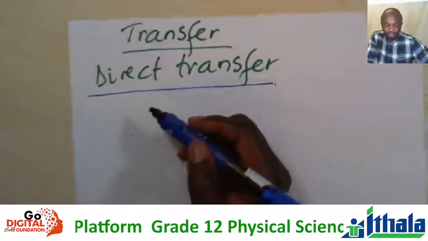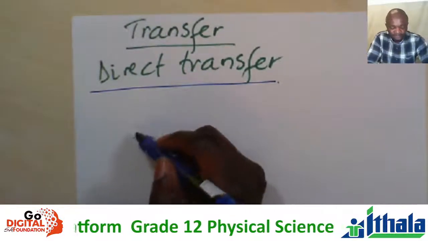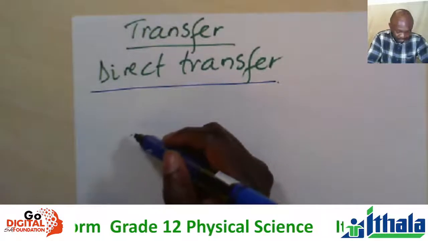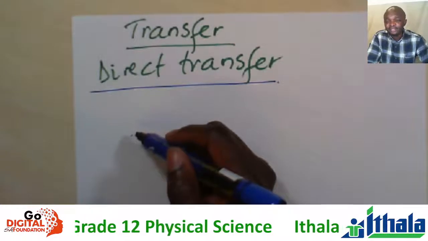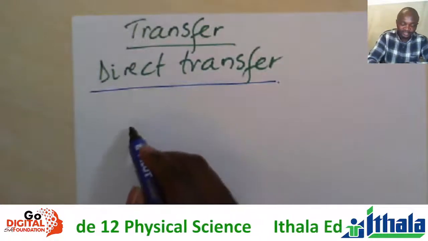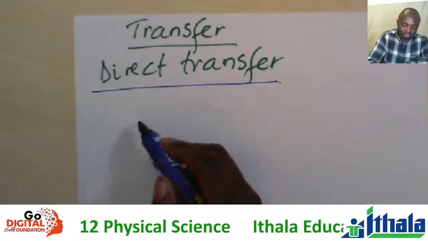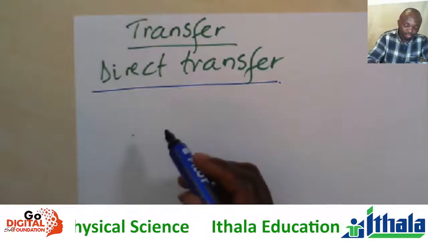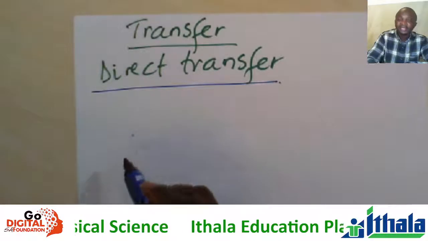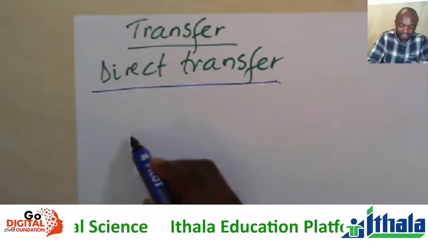Metals can only form what? Positive ions. So for a metal to gain electrons, it has to be in what? In an ionic form. Then in that case it will be able to gain electrons. Otherwise nothing will happen, because a metal cannot form a negative ion.